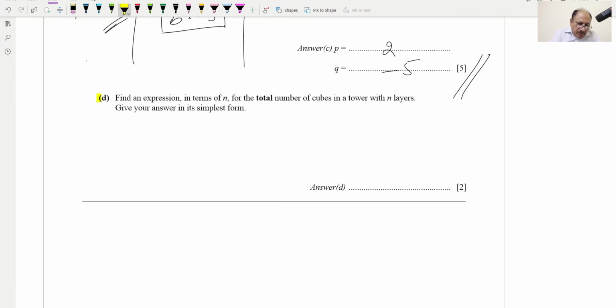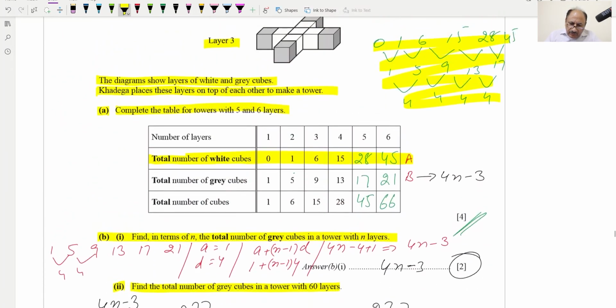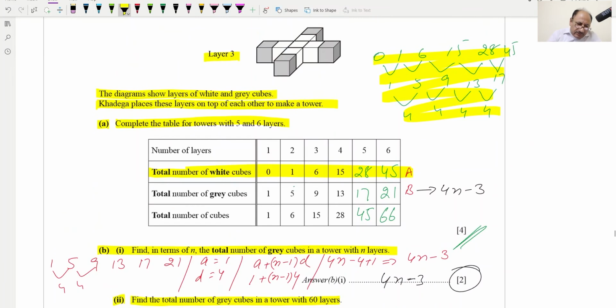D part says find an expression in terms of n for the total number of cubes in a tower with n layers. Give your answer in simplest form. So if you check how we are getting this total number of cubes, we are getting it when we add a plus b.